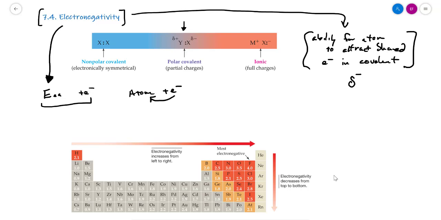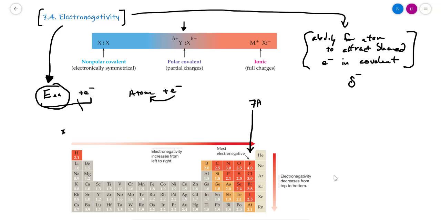So things that have large negative electron affinities, like the group 7A atoms that are one electron away from a perfect octet, are coincidentally or non-coincidentally the most electronegative. The figure below, from the textbook, is a heat map of electronegativity, and it really mirrors what you would have expected for electron affinity.